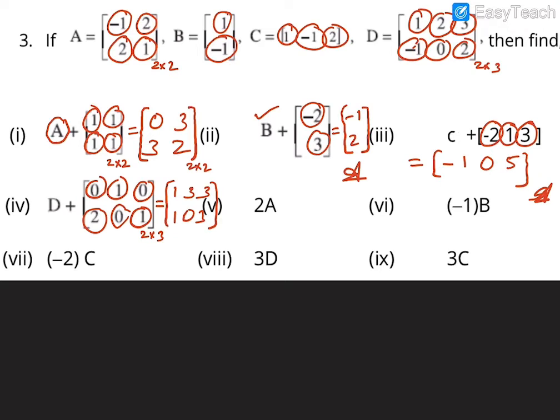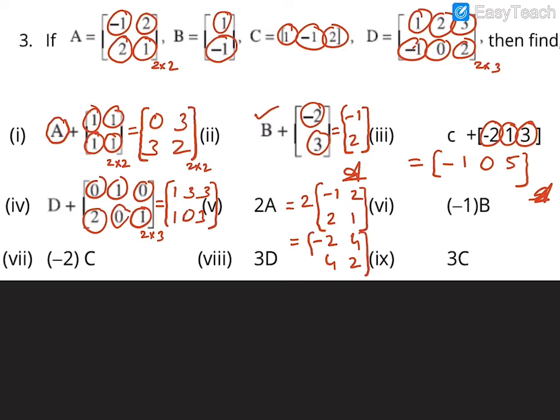Part 5 is 2a, scalar multiplication. So 2 is multiplying with matrix A. So 2 times what is A? A is minus 1, 2, 2 and 1. So we will get minus 2, 4, 4 and 2.